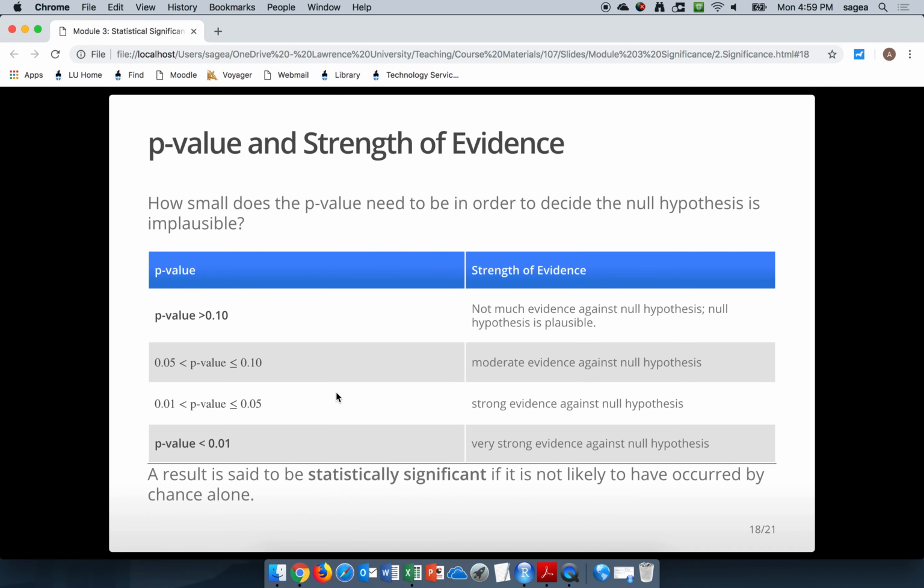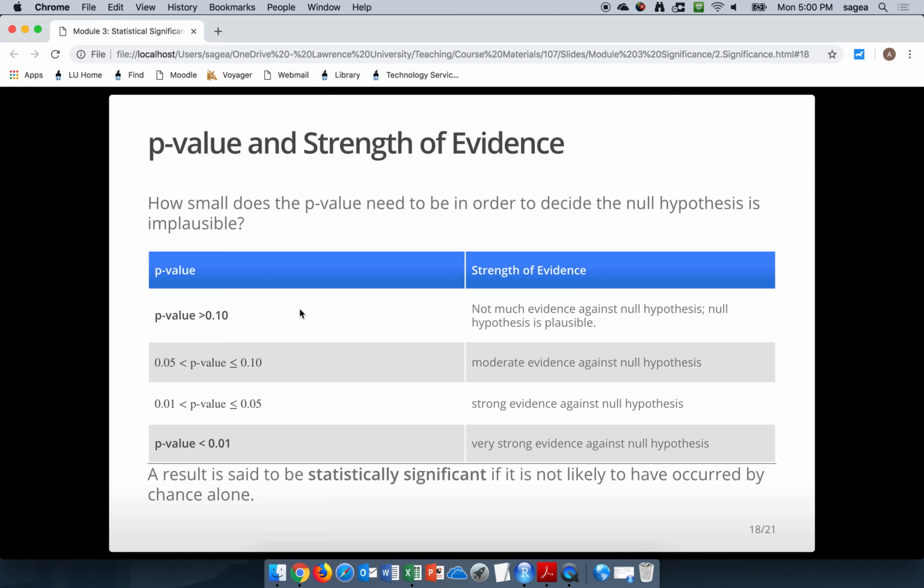You may wonder how small must the p-value be to determine that we have strong evidence against the null hypothesis. Depending on the p-value, we get different assessments of the strength of evidence. If the p-value is greater than 0.10, there's really not much evidence against the null hypothesis at all. It would be plausible in this situation that the dolphins were merely guessing.